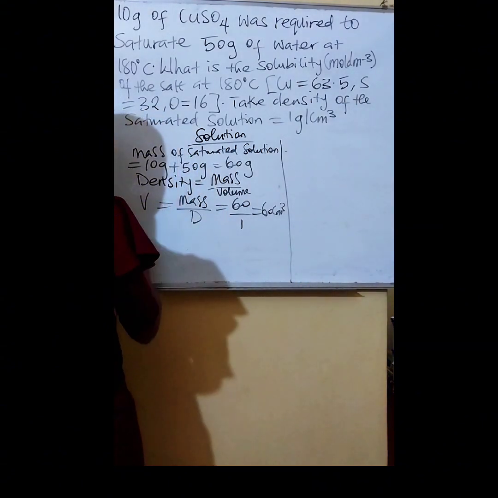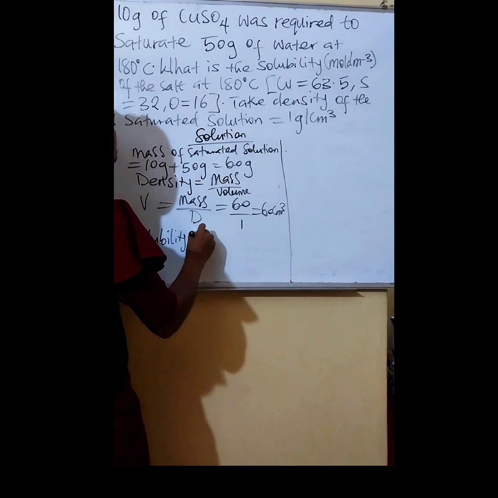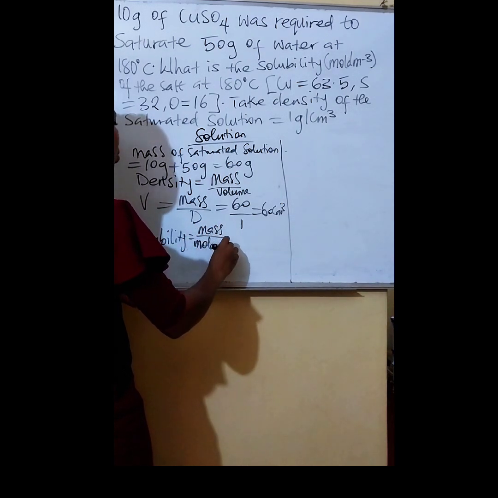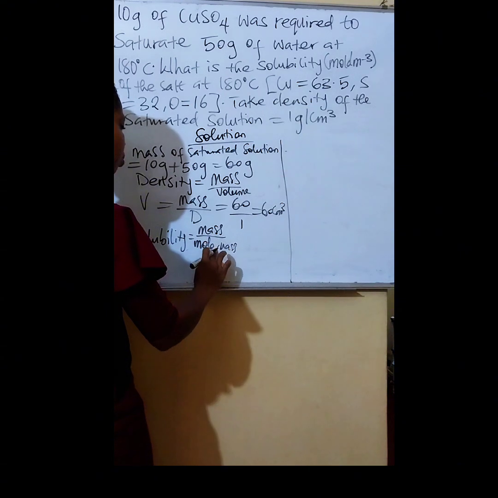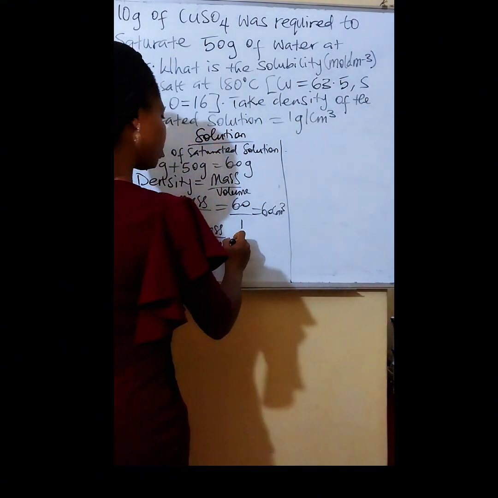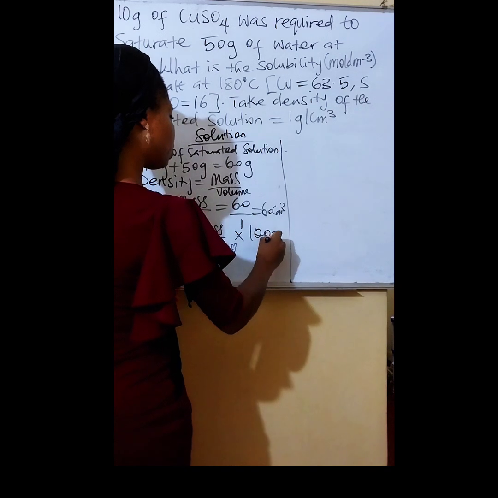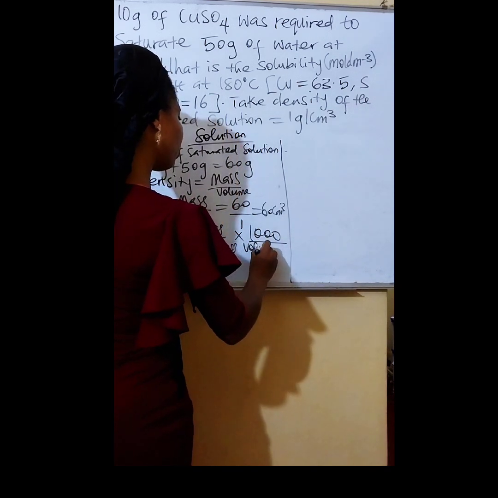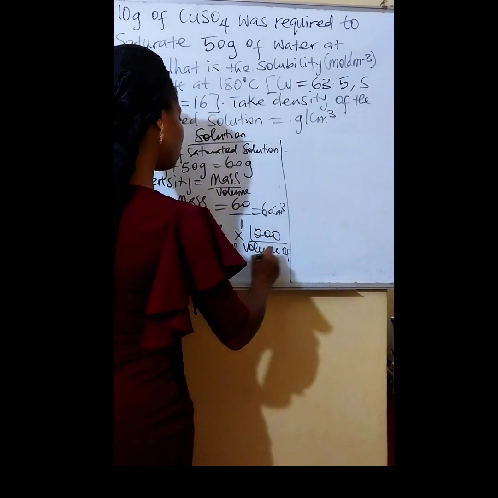We'll be making use of this formula: solubility is equal to mass over molar mass times 1000 over volume of saturated solution.